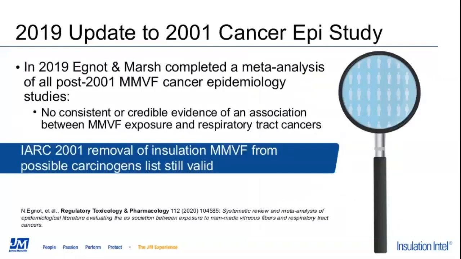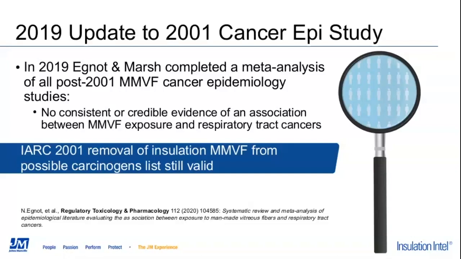More recently, we have two very recent updates to tell you about on the epidemiology. Just later last year, Drs. Egnott and Marsh completed a quantitative statistical meta-analysis of all of the cancer epidemiology studies that were published in journals after IARC did its reclassification in 2001.